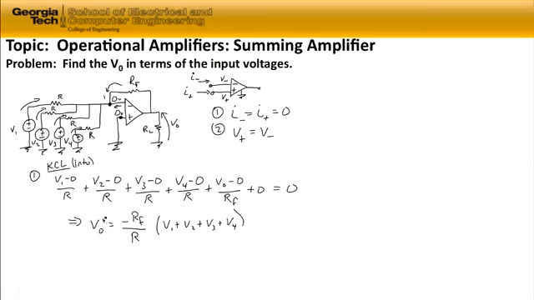And so the output voltage is equal to the inverted and amplified sum of the input voltages. So this is a summing, inverting op-amp configuration, which relates the input voltages to the output voltage by an amplification factor that we can control in our circuit design.